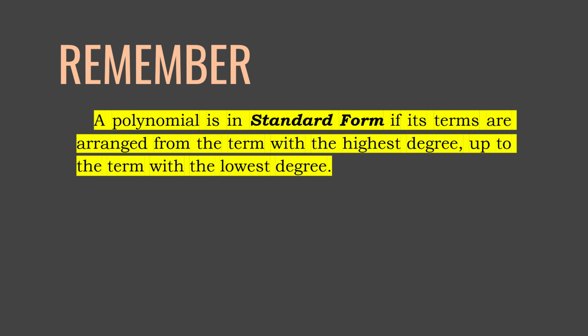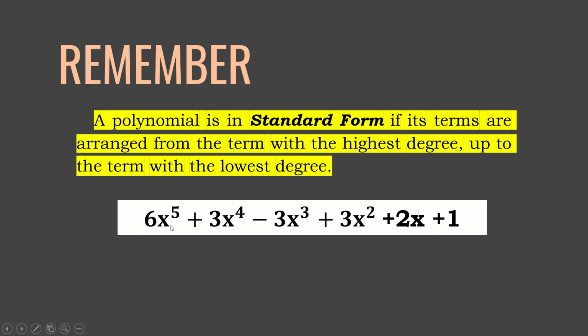So remember, a polynomial is in standard form if its terms are arranged from the term with the highest degree up to the term with the lowest degree. For example, this one is arranged from the highest degree, which is 5, 4, 3, 2, 1, and a constant.